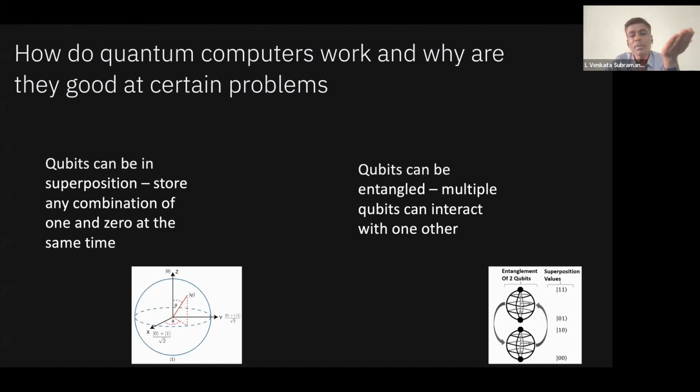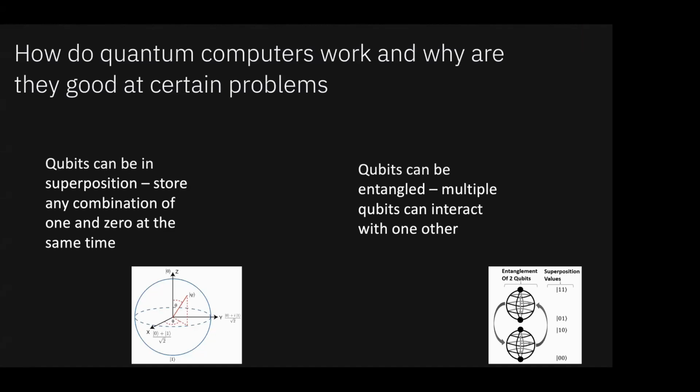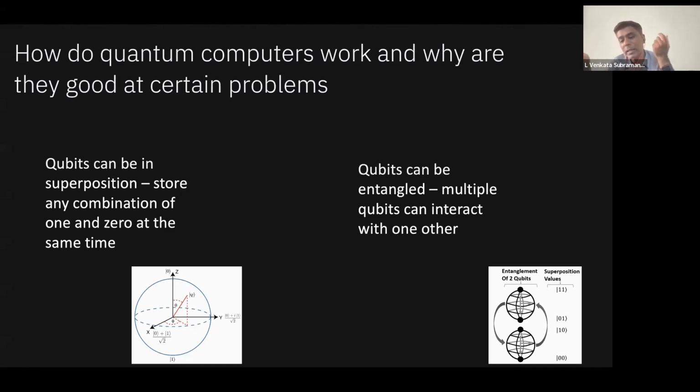When we entangle two qubits, they interact with each other, and by looking at one of the qubits, you can say what the other qubit is. These are the properties from quantum mechanics used by quantum computers, and that's what makes them very powerful.